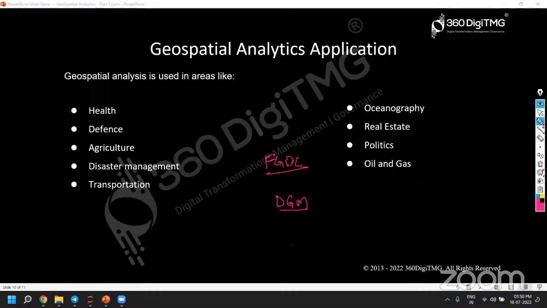And very important, there was another metadata requirement. This is created by the European Union, and this is the newest one. It's called INSPIRE.